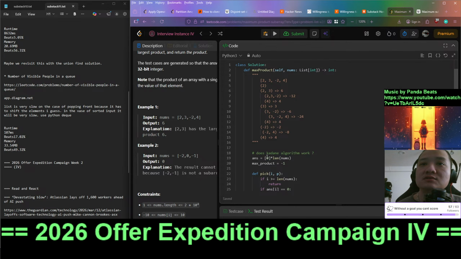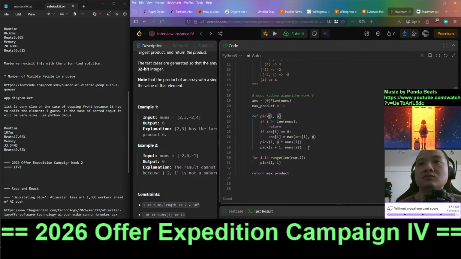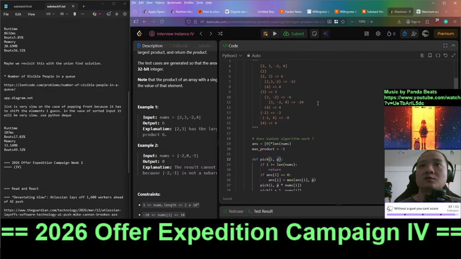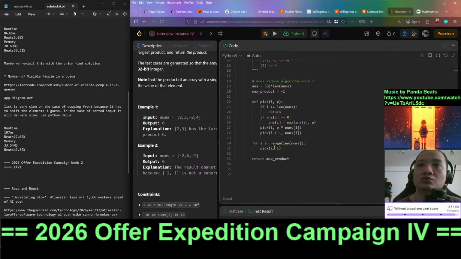We can use ans as the initializer, right? Right, so start at 2 and we keep multiplying, right? So this, oh, let's just start with nums[i] here.